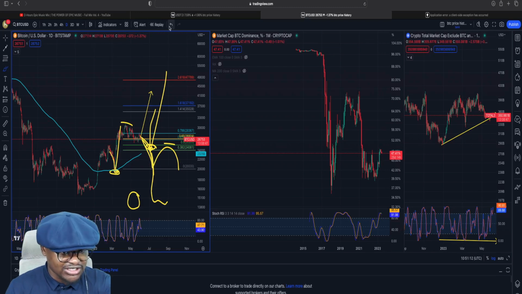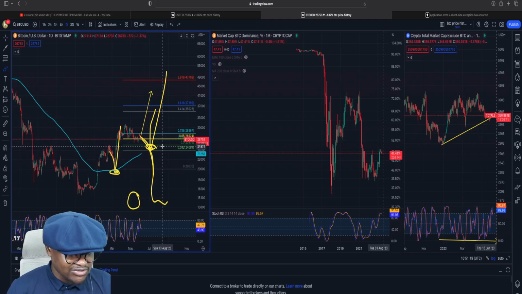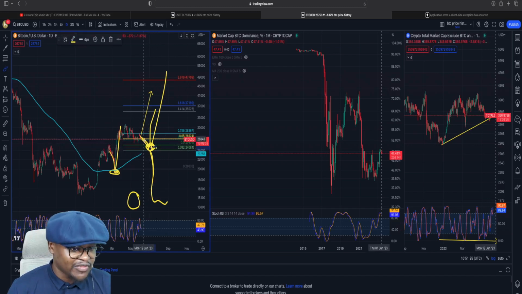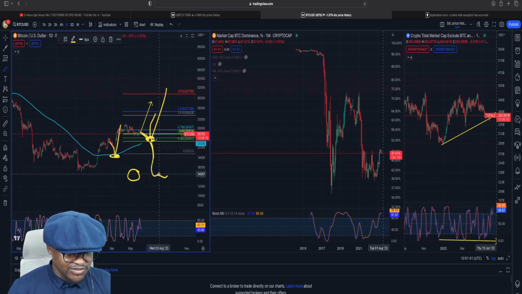There is no need to sugarcoat it in any way. So I would actually expect a big move to come from this region right here. It could happen before that, but these will be my set targets. As you guys know, if it did go up, I will be selling up here, and if it did come down to this region, I will be buying.